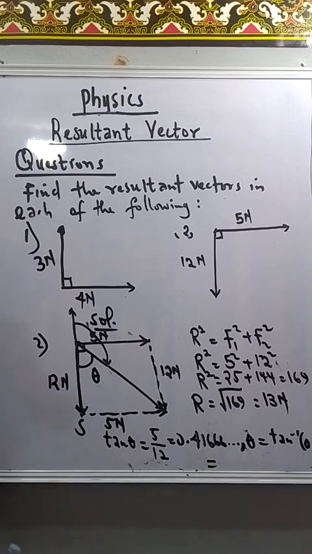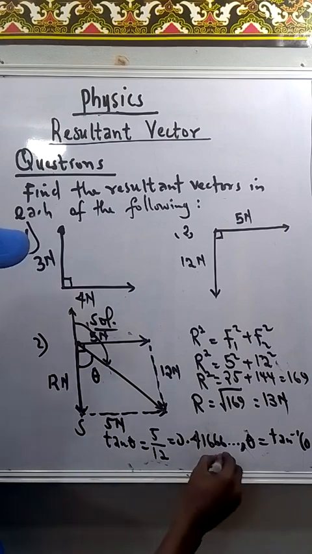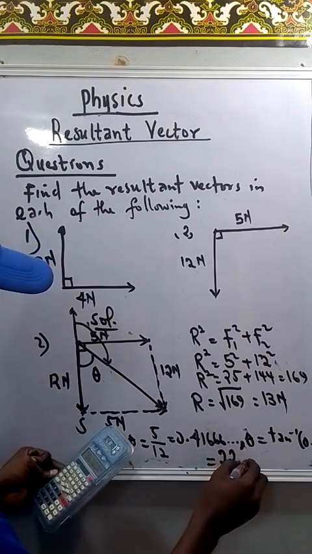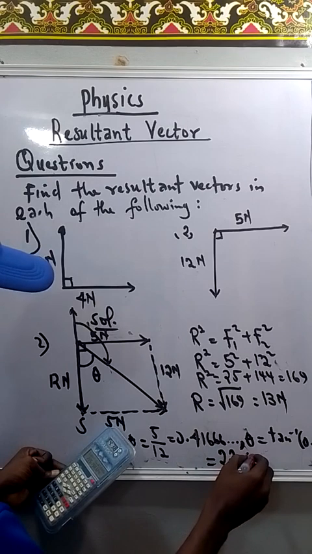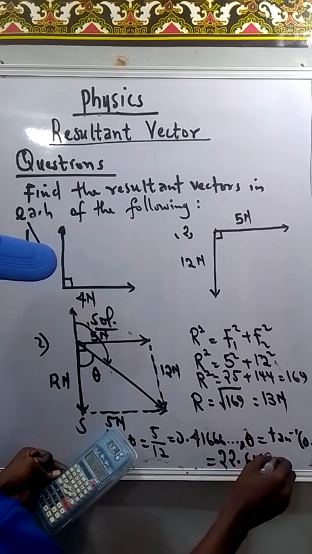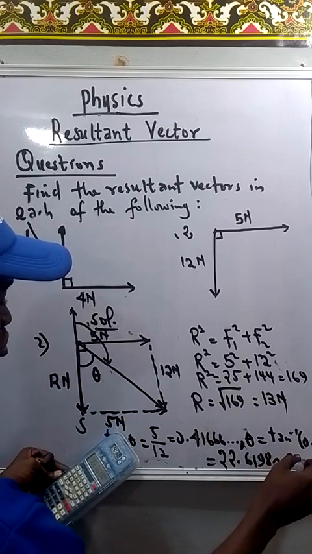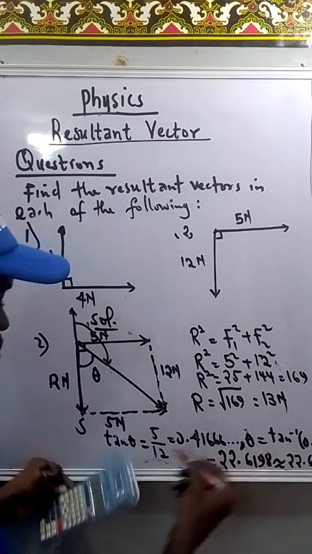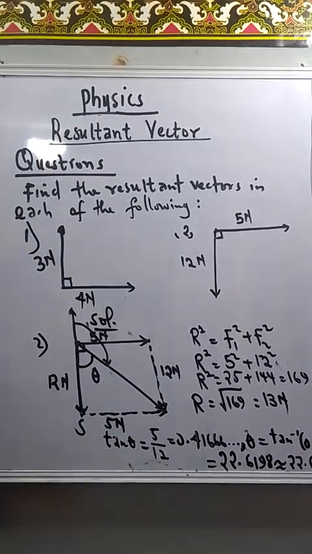That gives me 22.6198, approximately 22.62 degrees. So that is the angle, the direction.